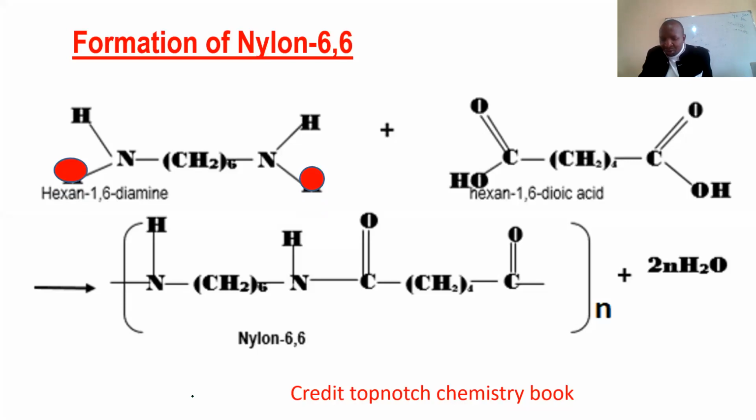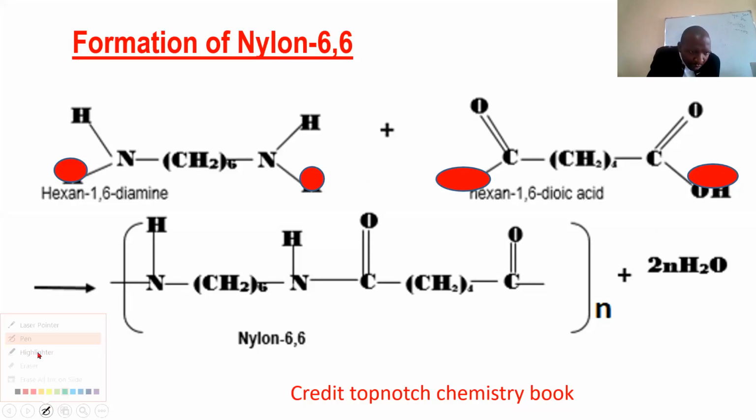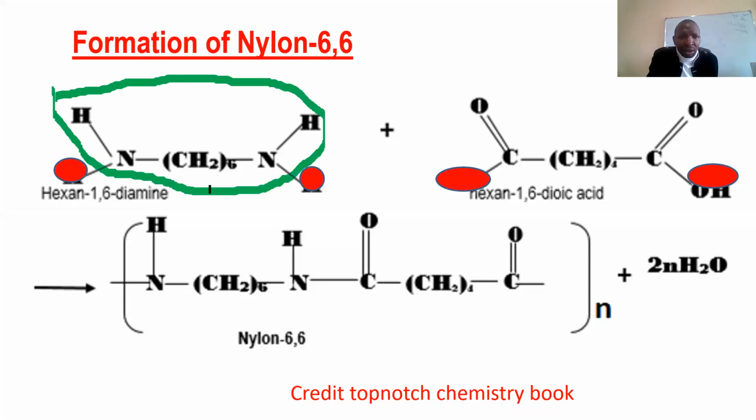I'm still having issues of network, but I think we are still able to get me. So the hexanoic acid will donate the hydroxyl. So the remaining component now combine to form the first component of the polymer, which is this.